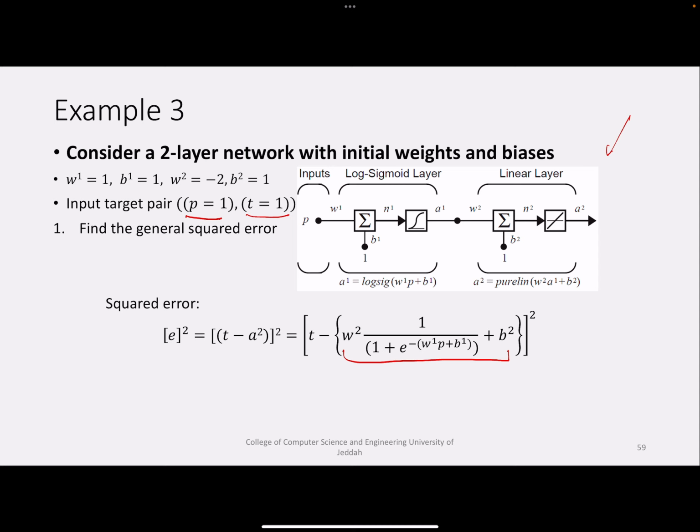So this is the relationship between input over here and output over here. Taking the difference with what the target output is, subtract the actual output from it, and take the square of it. That's the squared error.